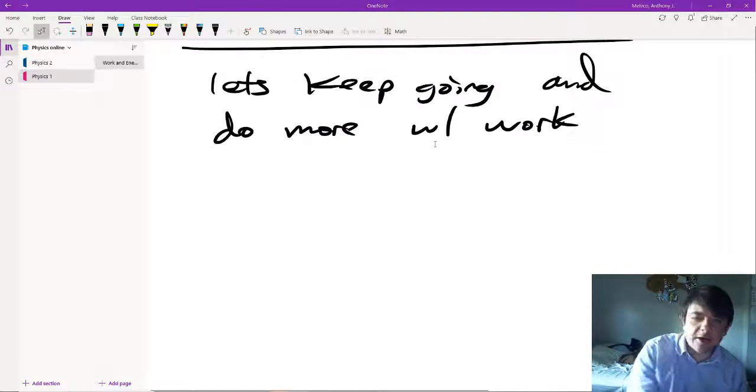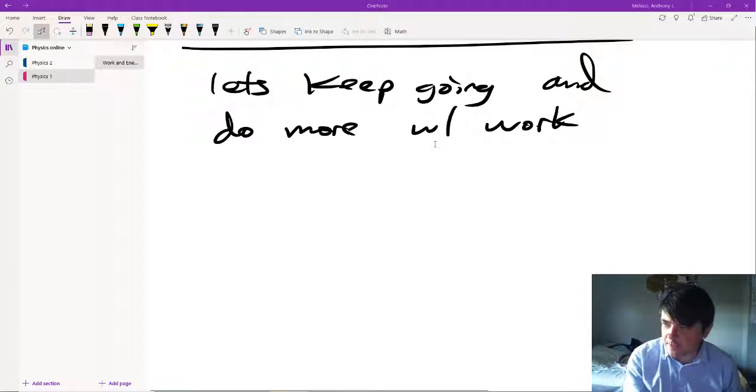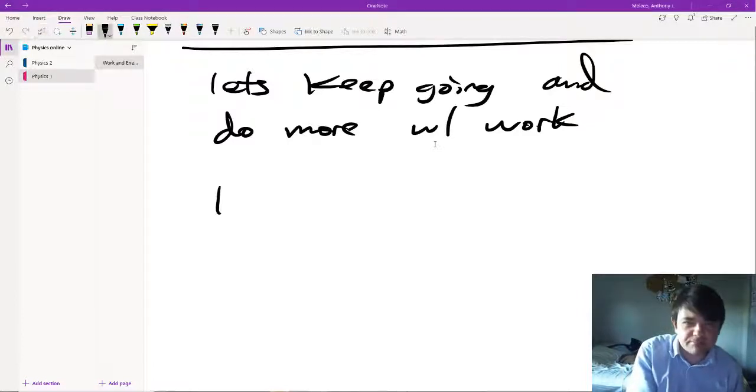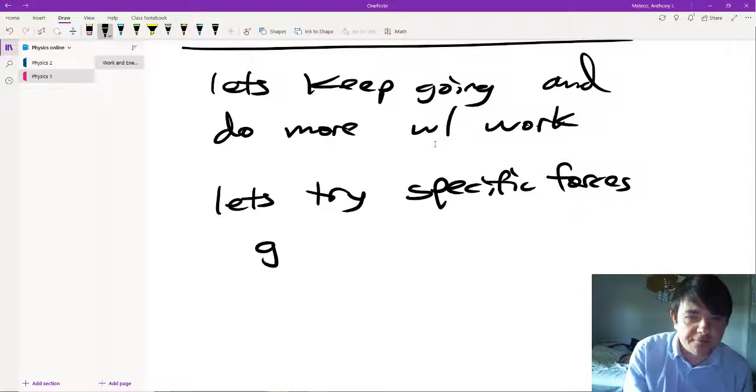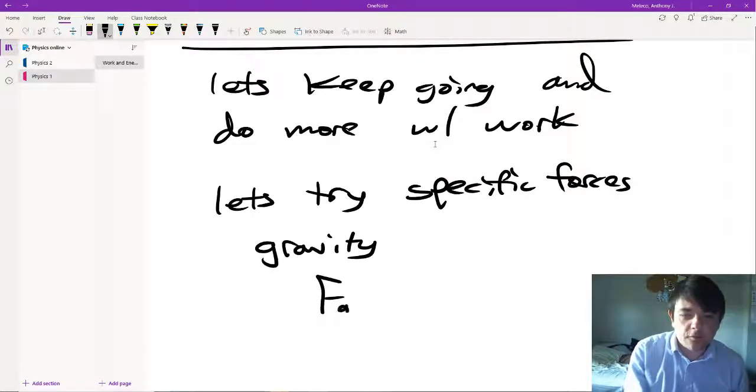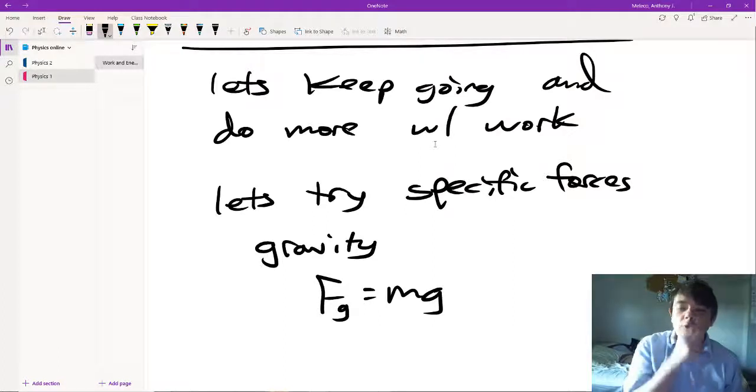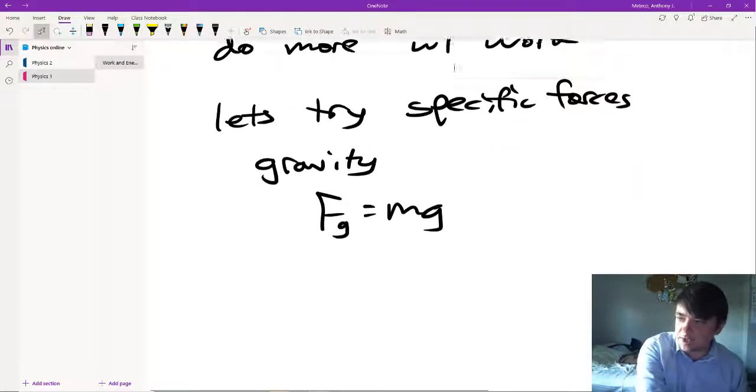So we did the net force last time. Let's try specific forces. In this case, let's try gravity first. If you remember, the force of gravity equals mass times gravity.